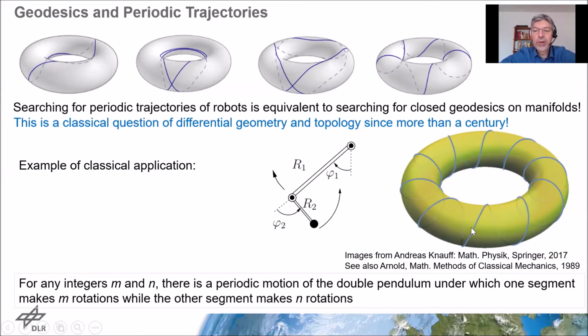It always will converge to a minimum length. This minimum length is a geodesic. And this geodesic is a trajectory of the dynamical system. And this will happen for every pair m and n of integer numbers.